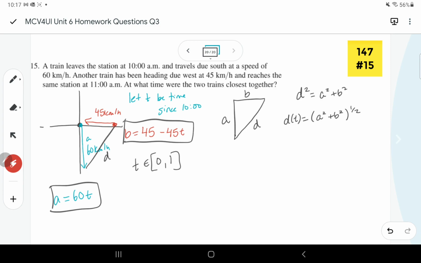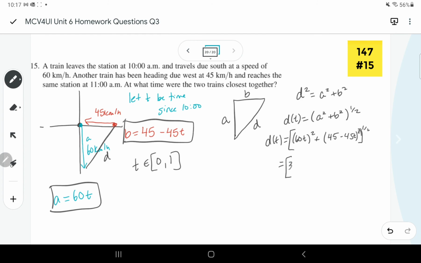Okay, so from here, we're going to take each of those values and sub into our function. So here we know that A is going to be 60t, and that's squared, plus B, which is 45 minus 45t, also squared, all to the exponent 1/2. I definitely want to clean this up and simplify in those brackets before I do the derivative.